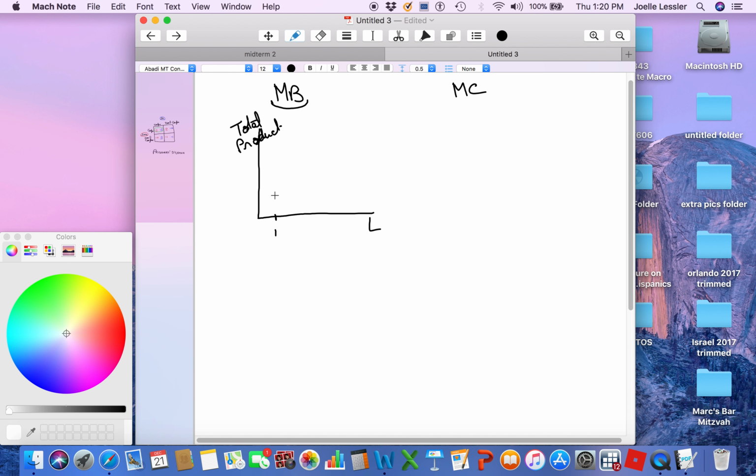One worker can produce this many baskets. If I hire a second worker, he produces this many baskets, and so on. So we say the total product as you hire more and more workers is increasing. This is total product, but it's increasing at a decreasing rate.